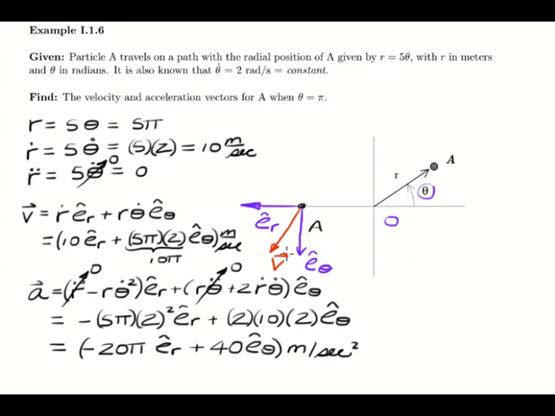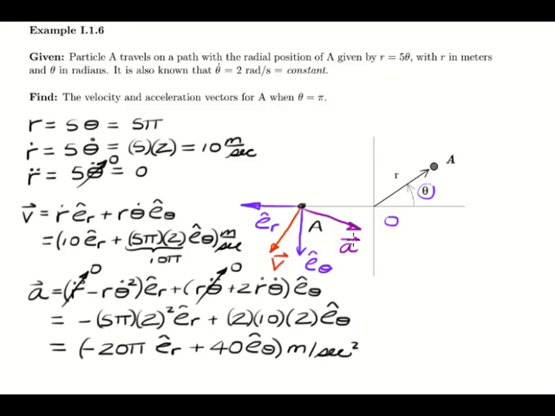We have that for A, the radial component, ER component, is a minus 20 pi. E theta component is a plus 40. So it's going to be something like this. Not sure exactly what angle it is, but if you draw an accurate picture, you'll get the right representation there between V and A.